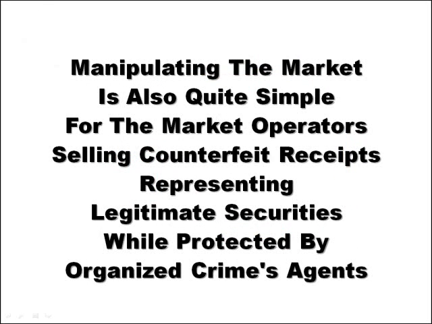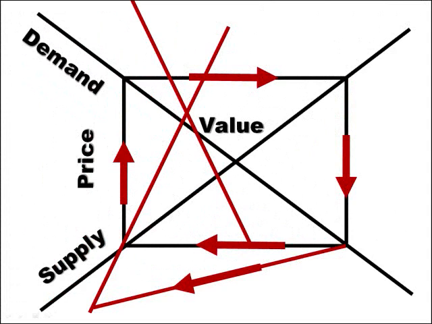Okay, now manipulating the market is also quite simple for the market operators, selling counterfeit receipts representing legitimate securities while protected by organized crime agents. So here's a rather confusing picture here now.